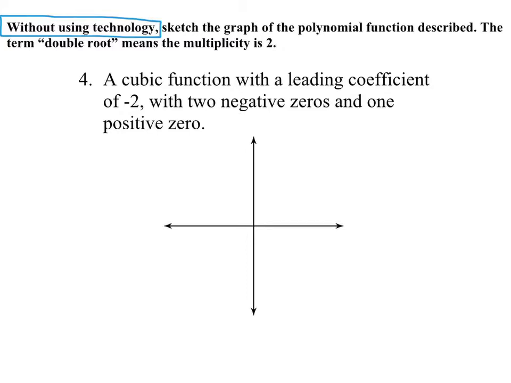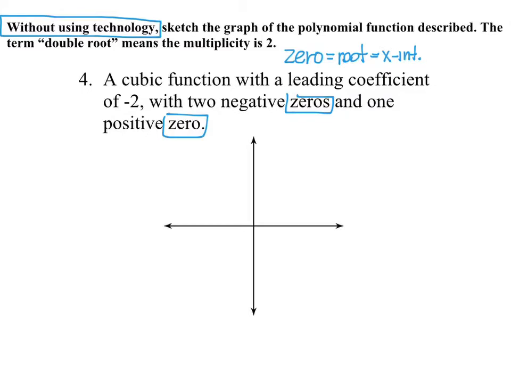Another thing that I should point out is I'm using this word zeros. Zero is just another way of saying that I have a root or an x-intercept. At least for this class, that's what we're going to say. There are some minor differences, but we're not getting into those this year.